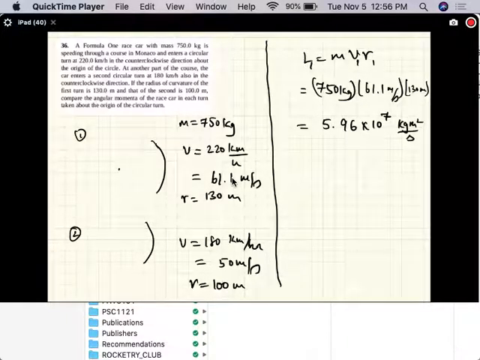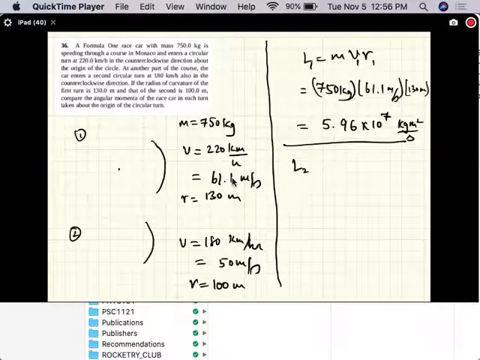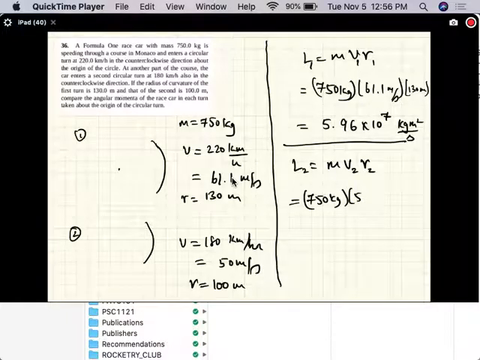Okay, so those are the units. So L1 is that. Let's calculate L2, m v2 r2, 100 meters.